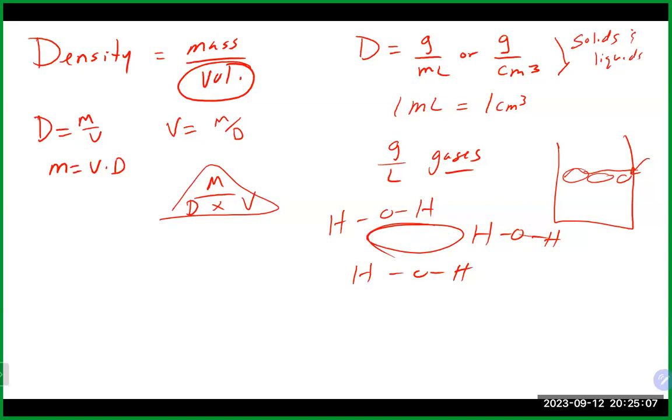And that means a larger number on the bottom when we divide will give us a smaller density. So actually ice in water is unusual in that sense because ice actually has a lower density than liquid water. And most things are sort of opposite to that.